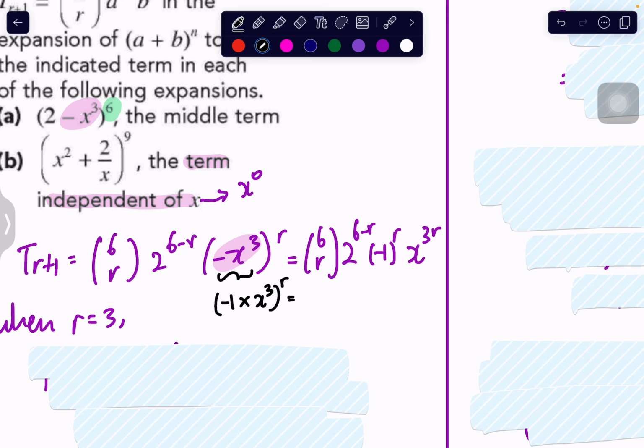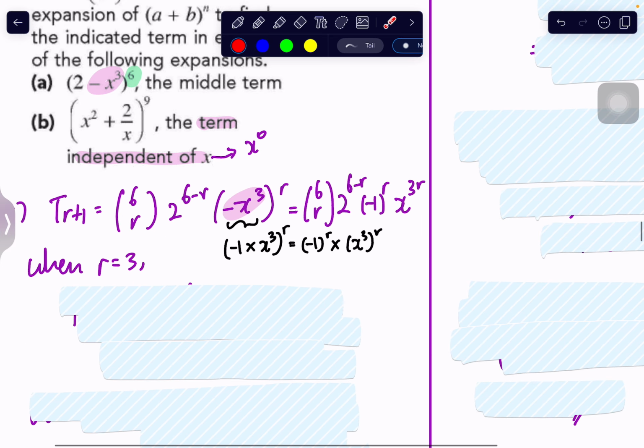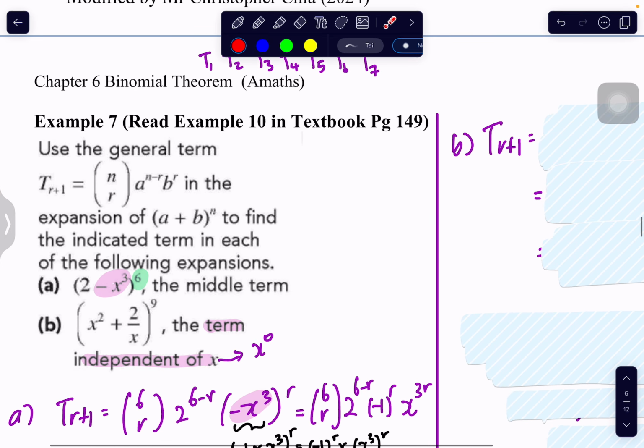Using the law of indices, I should distribute the power to both terms, so that's how I got my negative 1 to the power r. Now we have to determine the r value. If I have n equal to 6, how many terms will I get if I were to expand this fully?